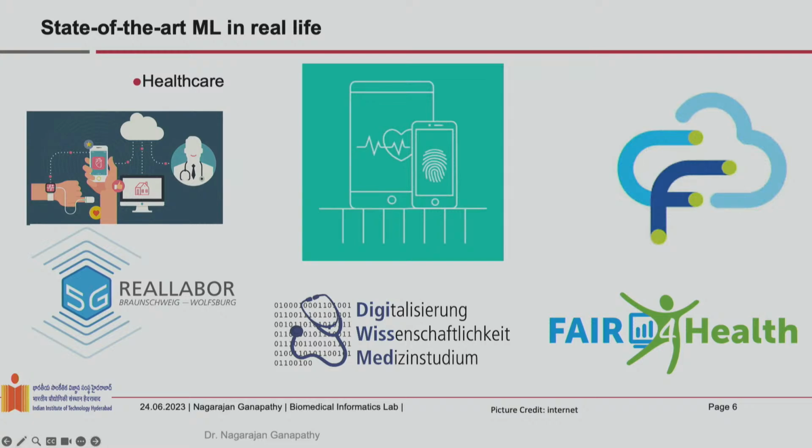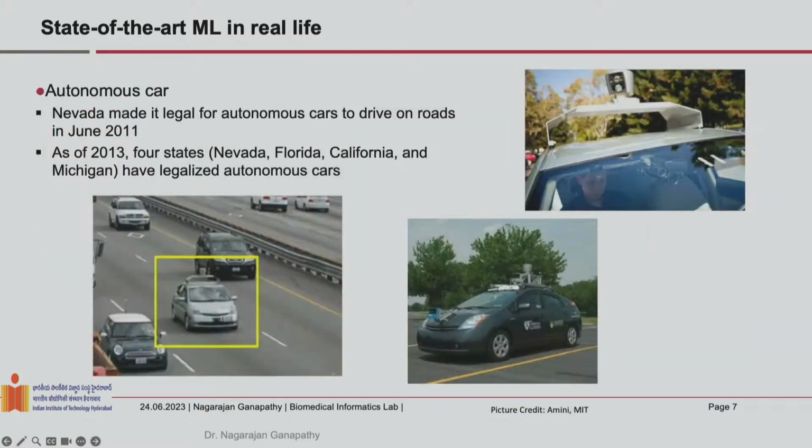Now, when we say machine learning, it immediately gets to what we call autonomous navigation. That is where we see, wow, machine learning is doing great. Why don't we take it to the hospital or clinical database perspective? So I thought of explaining what an autonomous car is and how it works.